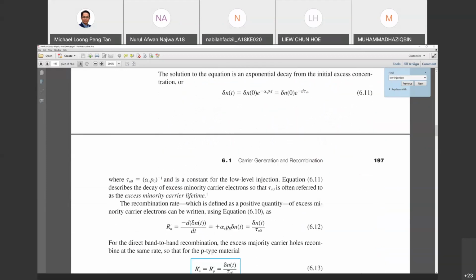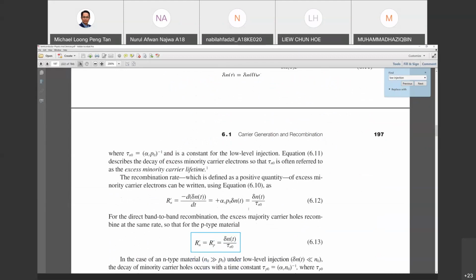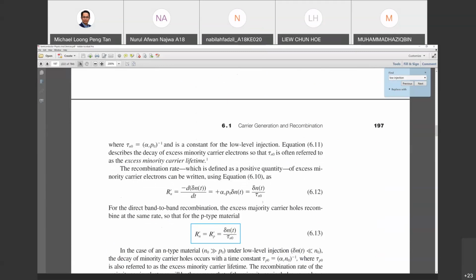When you solve it, positive here, in the end you'll get the recombination rate for excess carriers: R is delta n, the excess, over tau. Okay, makes sense.